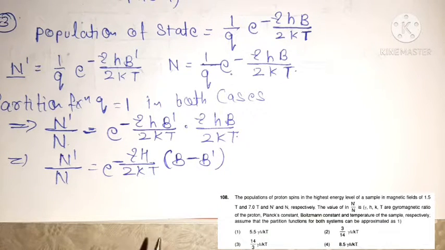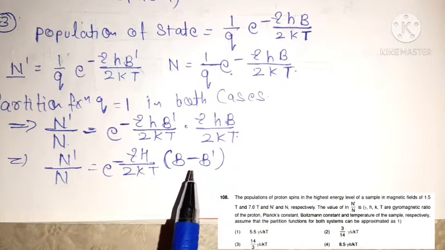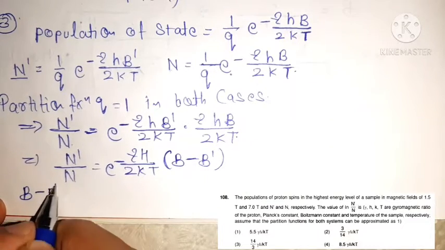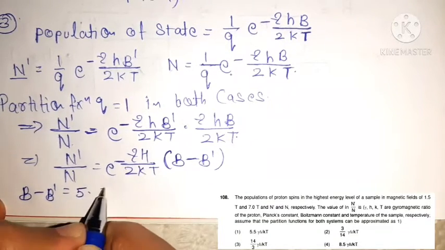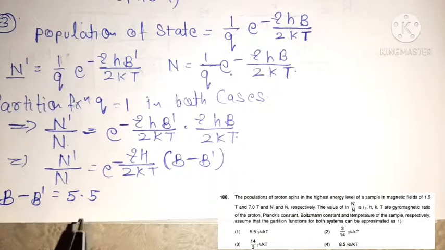Now we have values of B and B dash in our question. The value of B is 7 Tesla and B dash is 1.5 Tesla. See in the corner, friends, we have the values of B and B dash. So B minus B dash is equal to 5.5, because 7 minus 1.5 is 5.5.